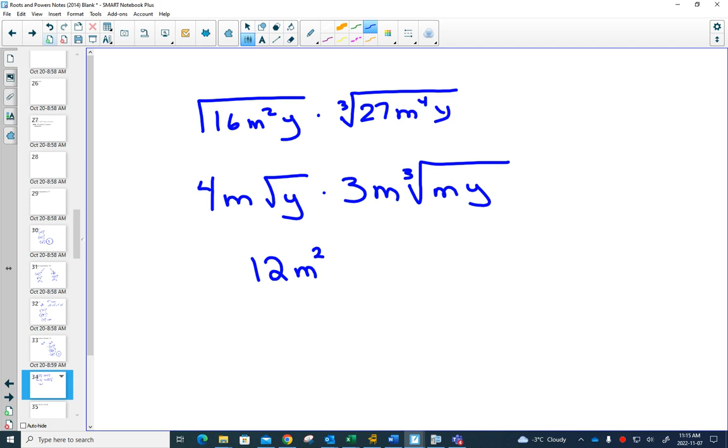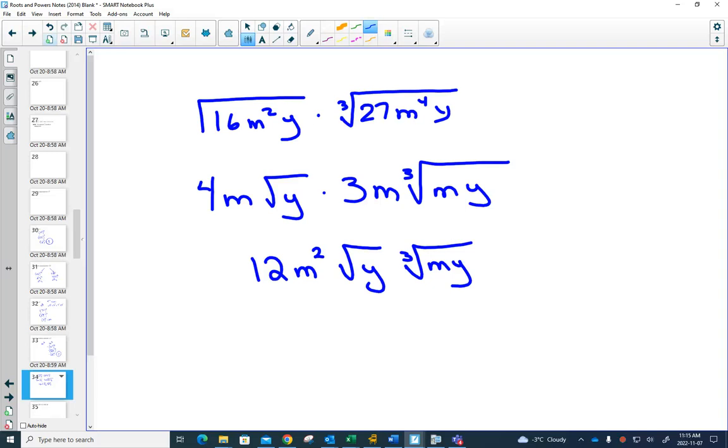And you can't put the square root and cube roots together, they're different. So if this question had said, just write it as mixed radicals, we would be done. But the question says, we want to use fractional exponents to express the answer.